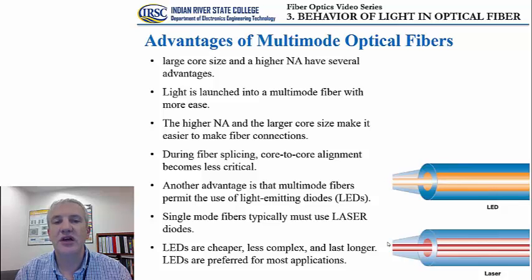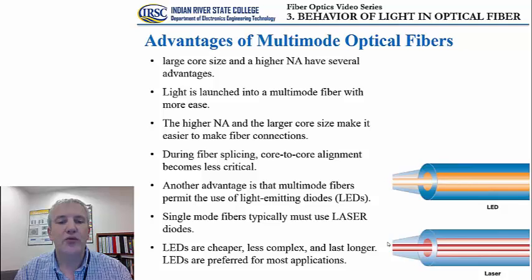Light is launched into the multi-mode fiber with more ease. We don't have to use the more expensive light sources. The higher numerical aperture and the larger core size also make it easier to establish fiber connections. During fiber splicing, core-to-core alignment becomes less critical.